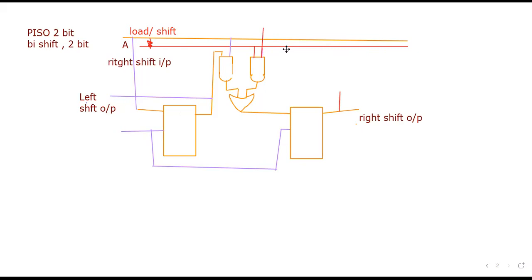It will load input. So here it is A and here it would be B. Understand? If A is 1, it would load to here and B will also load.